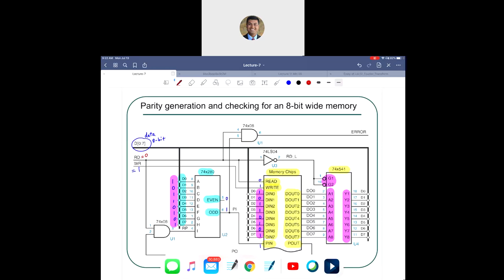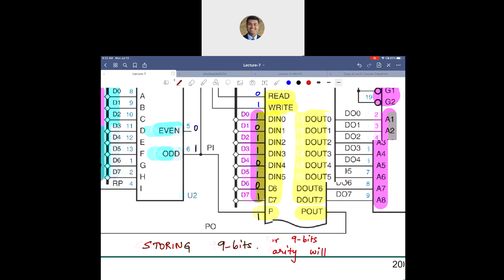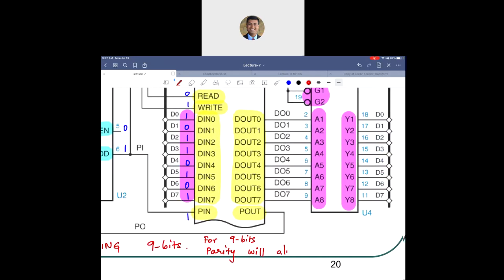For the 9 bits, parity will always be what? This question is for all the 9 bits.